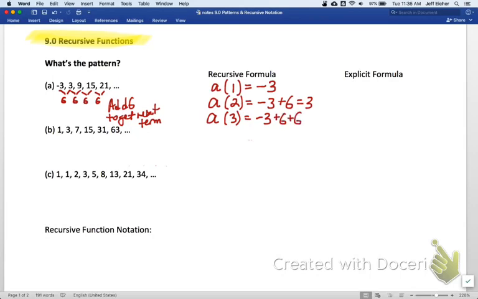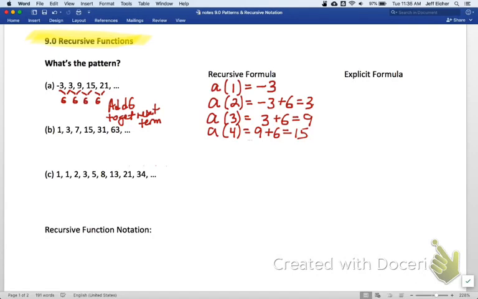Or we can actually write it as whatever that previous term was. The previous term we had was 3, and we're adding 6 to that, which is 9. And our fourth term would be 9 plus 6, and that is 15.